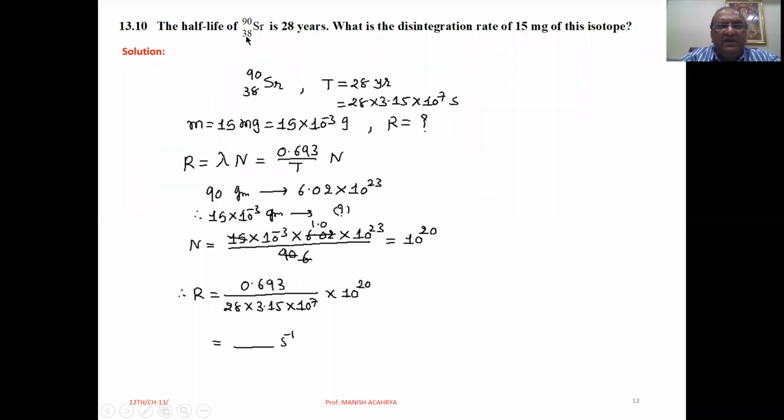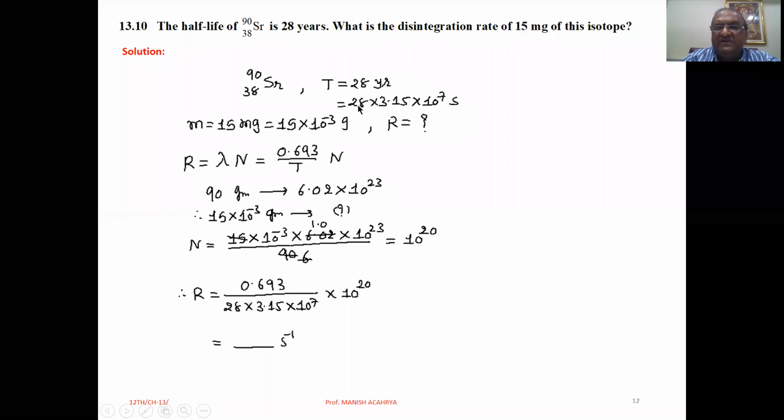13.10. The half-life of 38 Sr90 is 28 years. What is the disintegration rate of 15 milligram of this isotope? Okay. Now, 38 Sr90, that is the substance. Half-life, that is 28 years, and 1 year is 3.15 into 10 raised to 7 seconds.